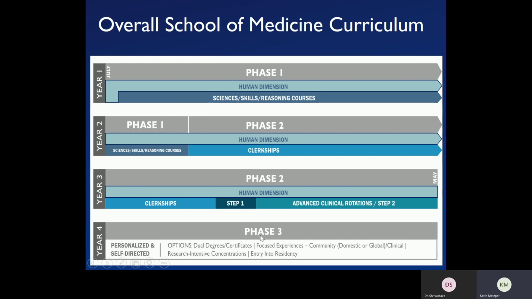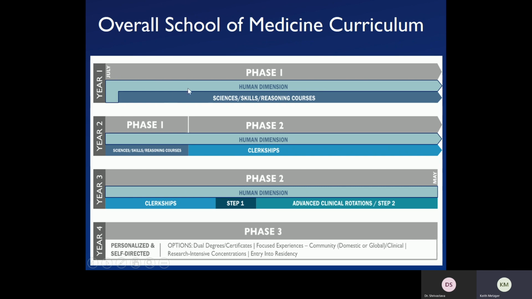And then our 4th year is the individualized phase. What would traditionally be your first 2 years of medical school, your basic science year and your clinical science year, take place in phase 1. And so we compress those 24 months into about 16 months. And we typically have 2 courses running simultaneously.